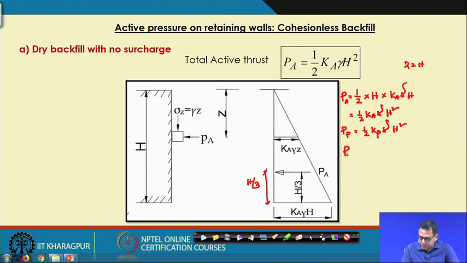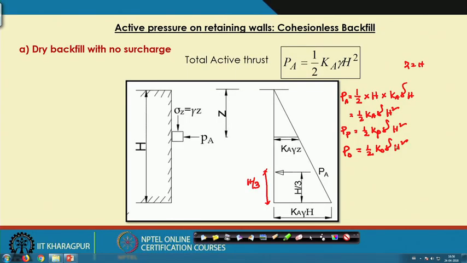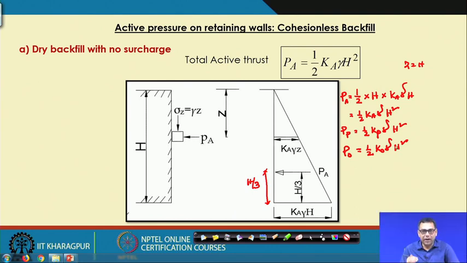If it is P 0 at rest, this will be half K 0 gamma h square. But in all the three cases, this force will act at h by 3 from the base of the wall, where h is the height of the wall.